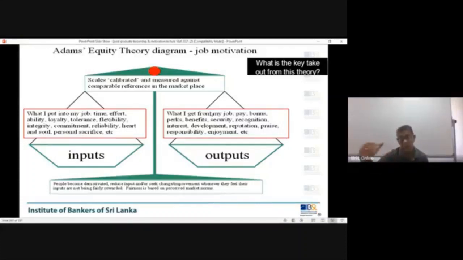So first you compare with your own bank. Then you're going to compare your input and output with a similar bank, some other private bank. There may be other factors that contribute, but you may look at what Sampath is giving me for the same position. How much they are giving, right?